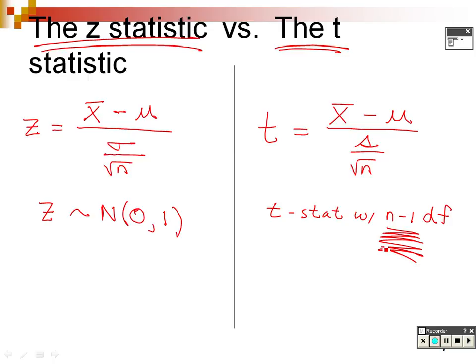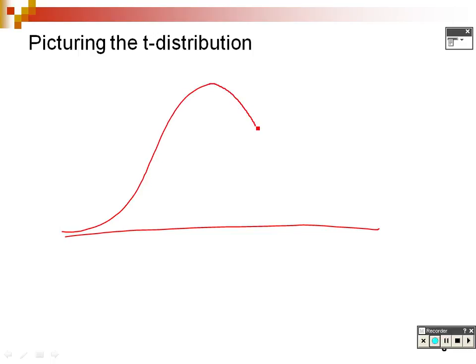Let's picture a t distribution. Start by drawing a normal curve. So that's our normal distribution. Let's assume it's a standard normal. Now, whenever you invite new bits of randomness, and this S is more randomness, it's more variation into your statistical study, what that's going to do is it's going to spread the graph out.